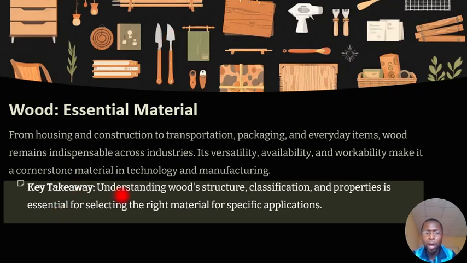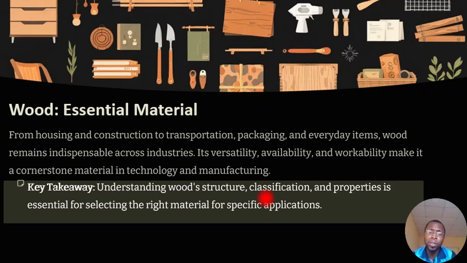And that's more reason why we should learn about it today. So what is our key takeaway? Understanding wood structure, classification, and properties is essential for selecting the right material for specific applications. Because if you do not know these wood structures and you just go into the forest and get any kind of wood, you might likely not achieve your purpose for getting the wood because it might not serve that purpose.